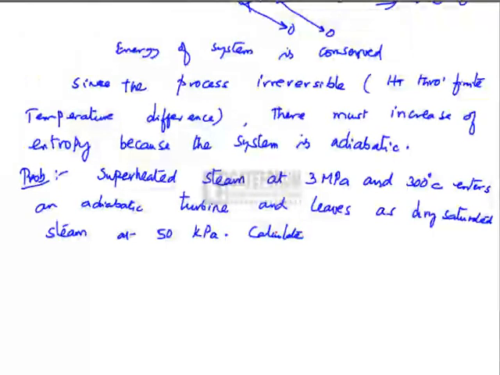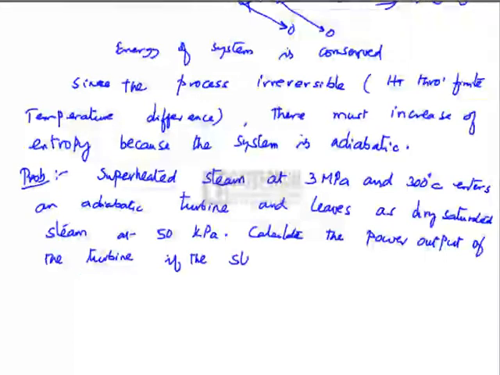Calculate the power output of the turbine if the steam flow rate through it is 1 kg per second.